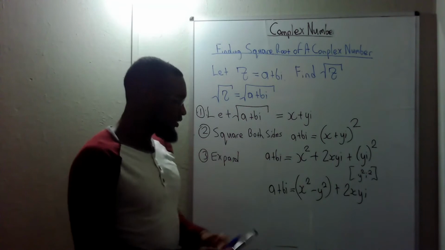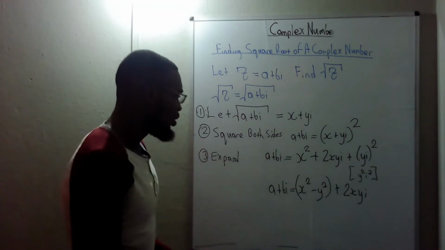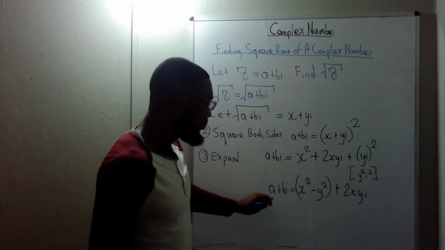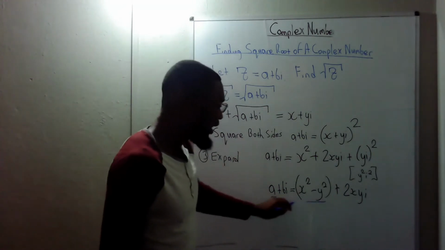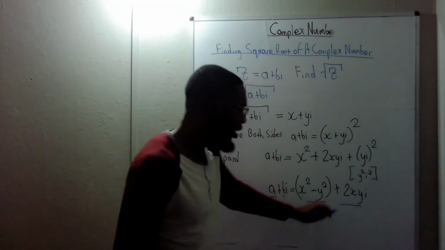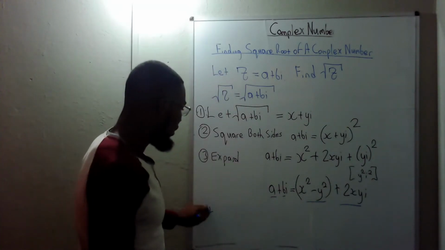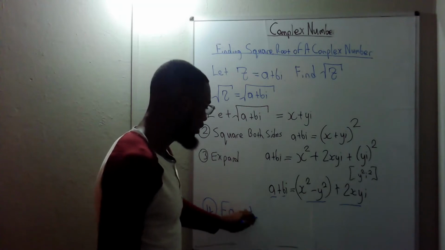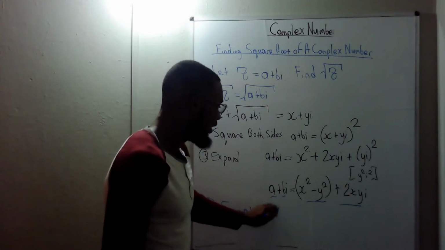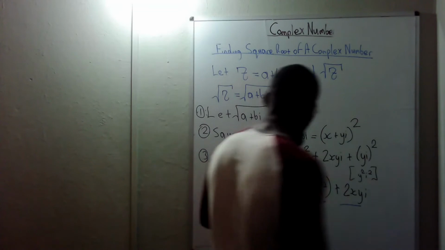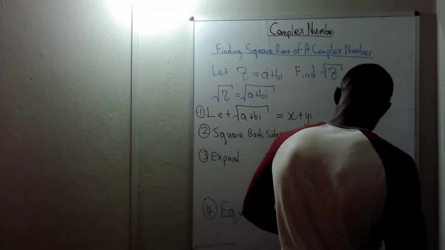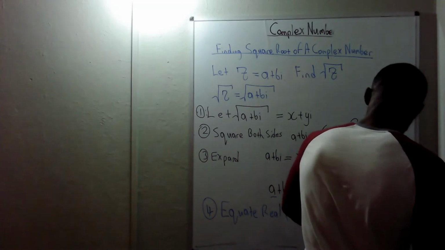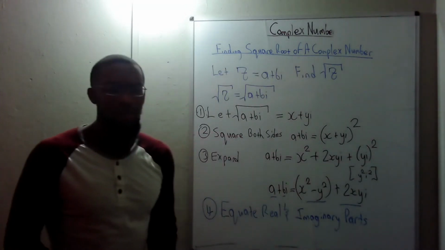Now once you get to this step, what do we do? Look at this. If the two complex numbers are equal, then the real parts are equal and their imaginary parts are equal. So this is step number 4. Step number 4 is we equate real and imaginary parts.